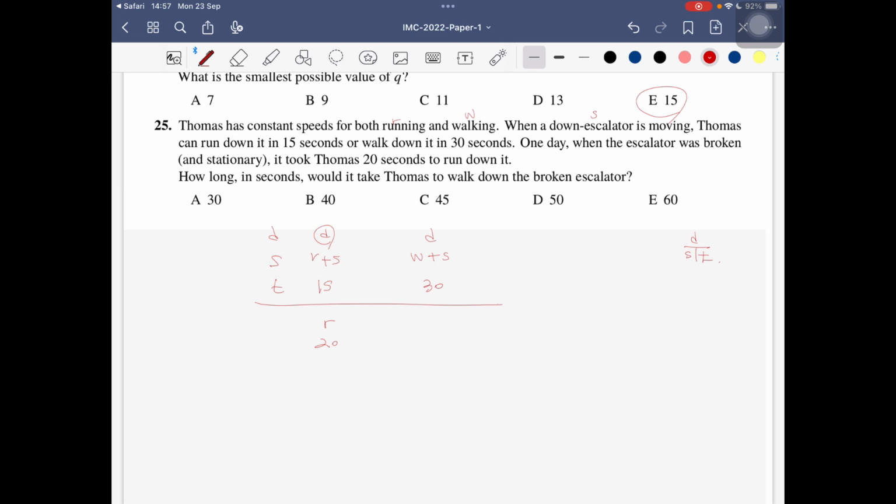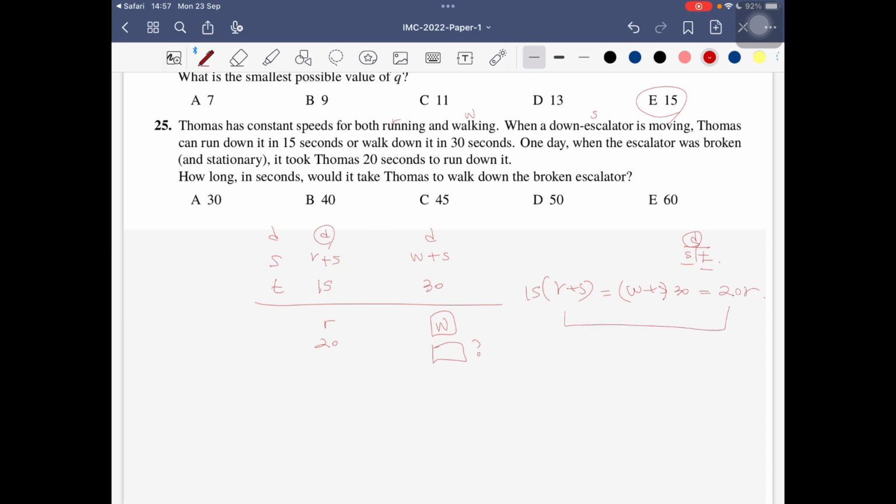So we want to know, when the speed is W, what is the time. Let's make the distance formula, speed times time. So R plus S times 15 equals W plus S times 30 equals R times 20.